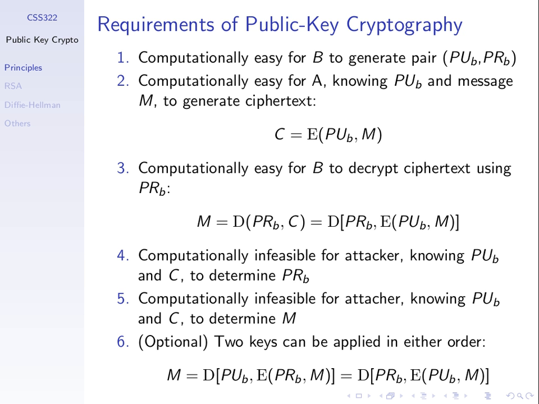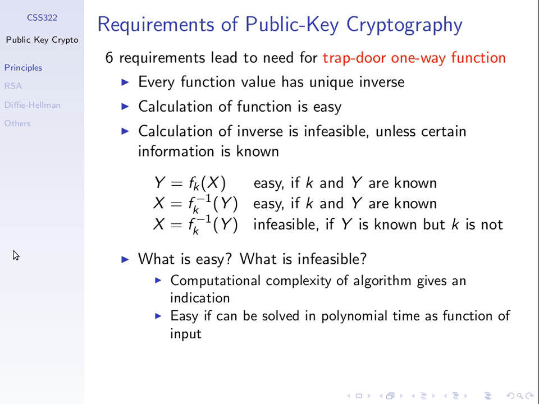We need some algorithm or function that meets that requirement. And such a function is called a trapdoor one-way function.